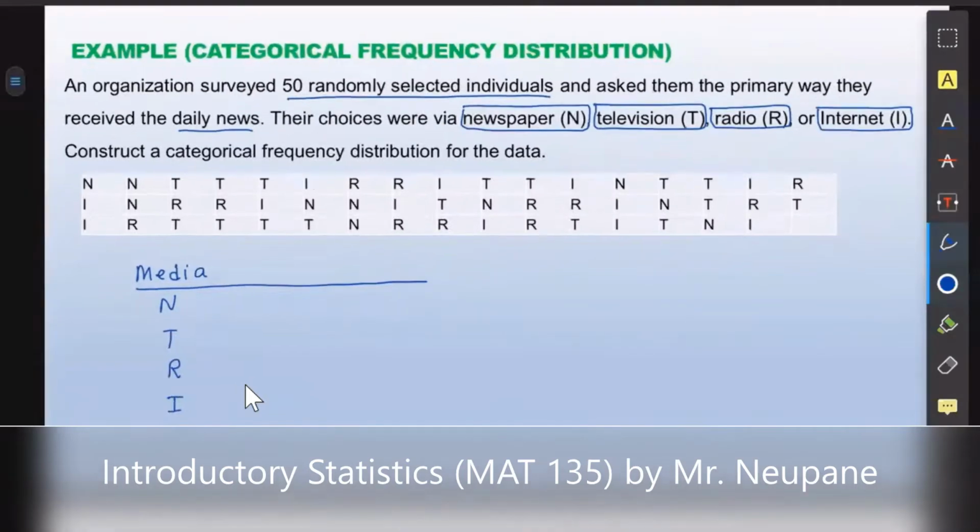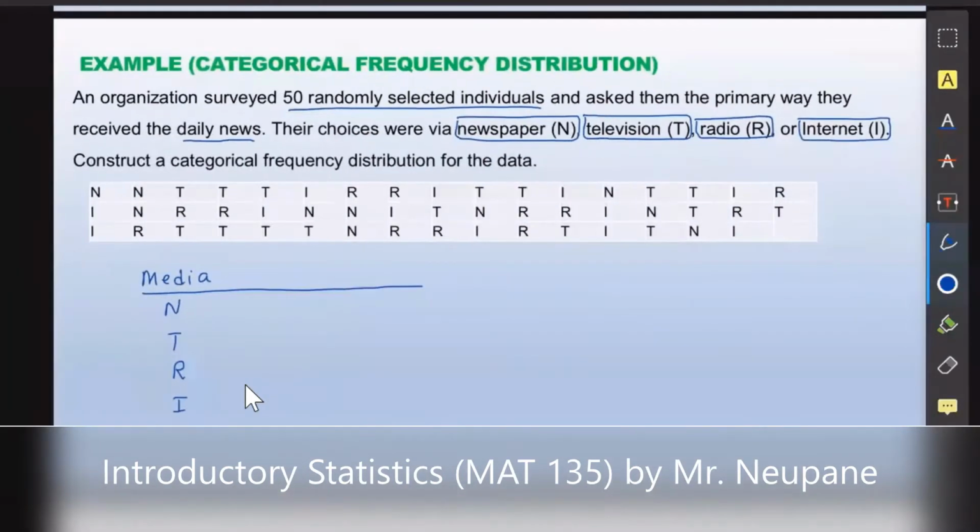Then after we have this, in the second column, we are going to count how many of each type are there. Okay, so we are going to count and write the frequency. For example, how many of these 50 randomly selected people use newspaper as the medium? So you are going to count how many N are there.